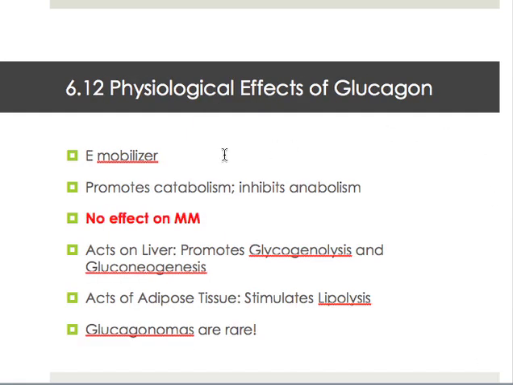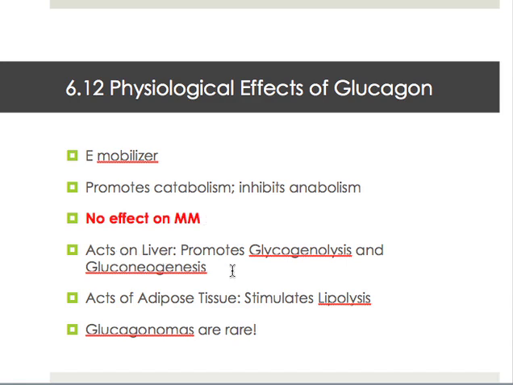We will finish this video by listing the physiological effects of glucagon. It is definitely an energy mobilizer, whereas insulin did the opposite, all about anabolism and storing nutrients. Glucagon is going to do the opposite. It's going to promote catabolism. It has absolutely no effect on skeletal muscle, which is very different from what we saw with insulin. However, it acts on other tissues.